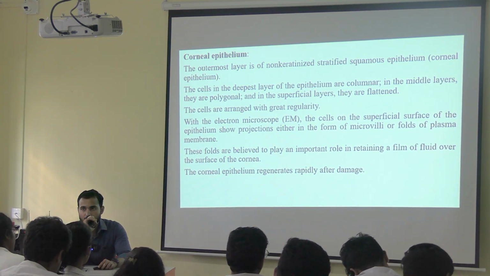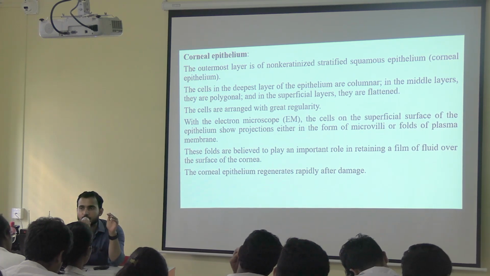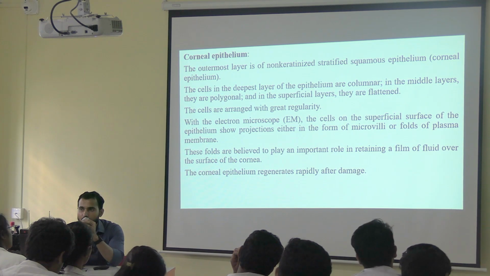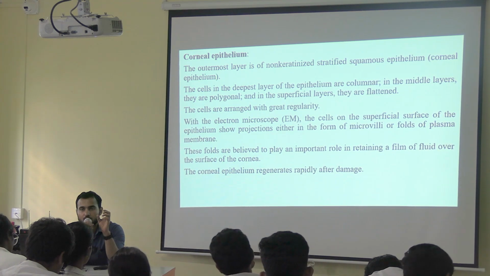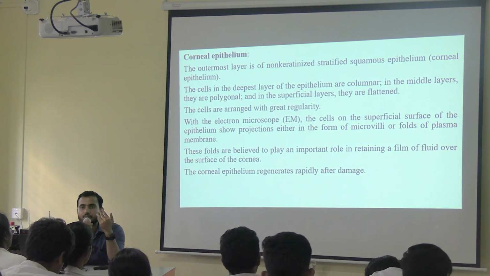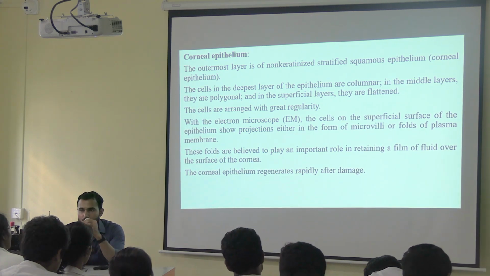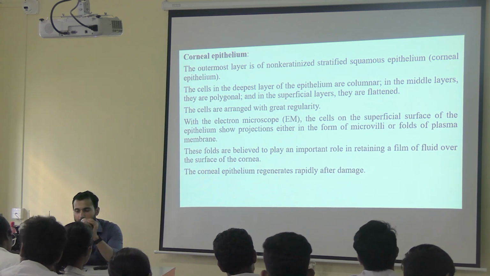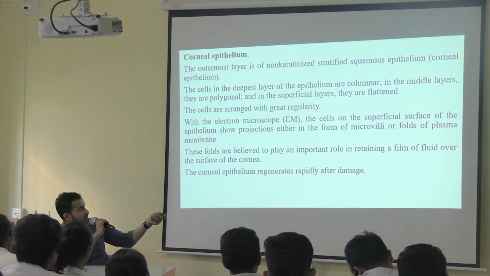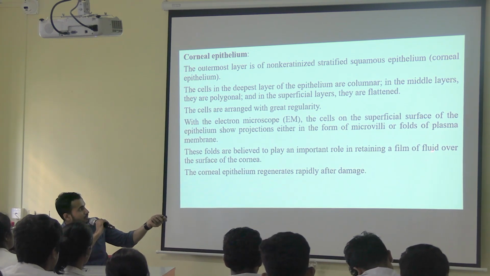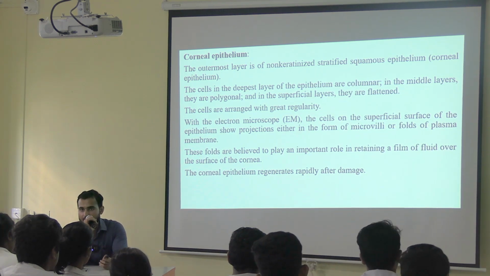The surface layer of the cornea has a thin film of fluid attached. If those microvilli are present, they will not allow the thin film fluid to dry rapidly. It slows down this process. These folds are believed to play an important role in retaining the film of fluid over the surface of the cornea, which will not allow it to dry.